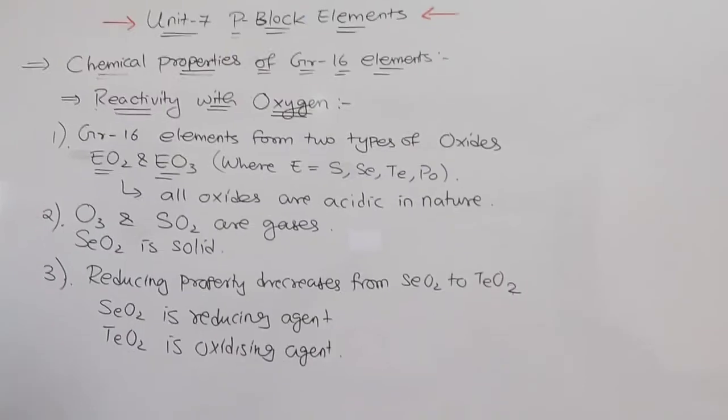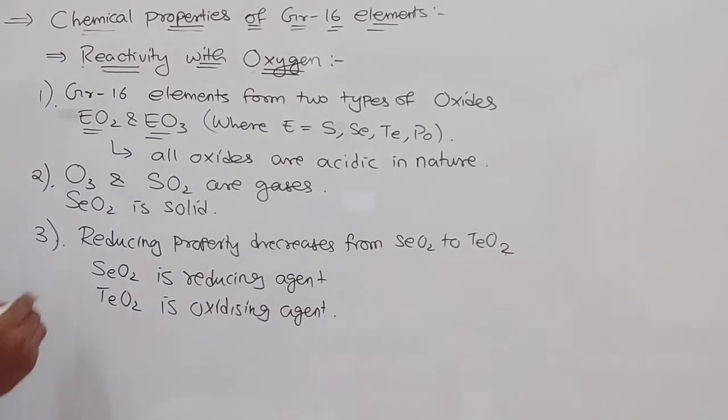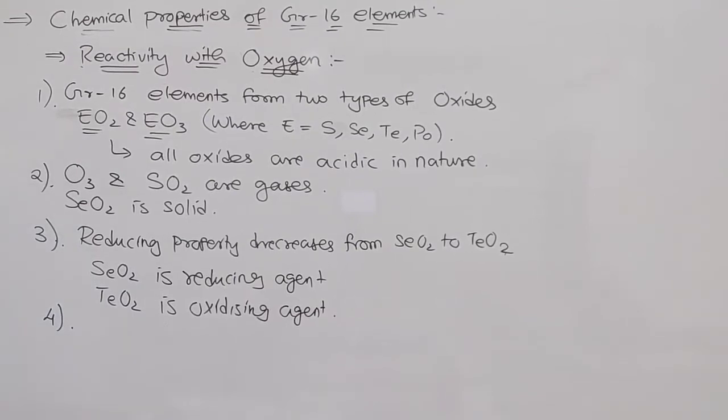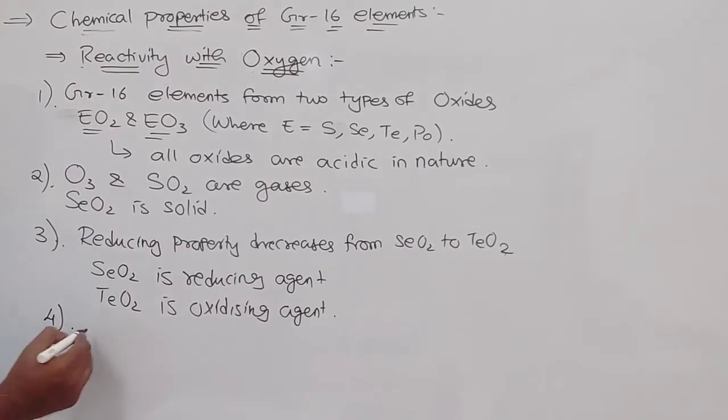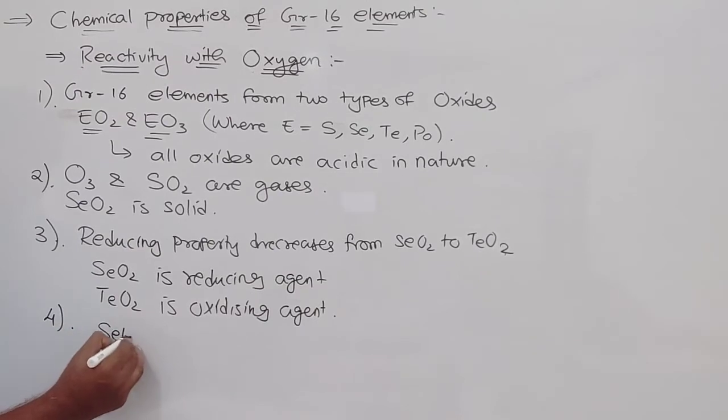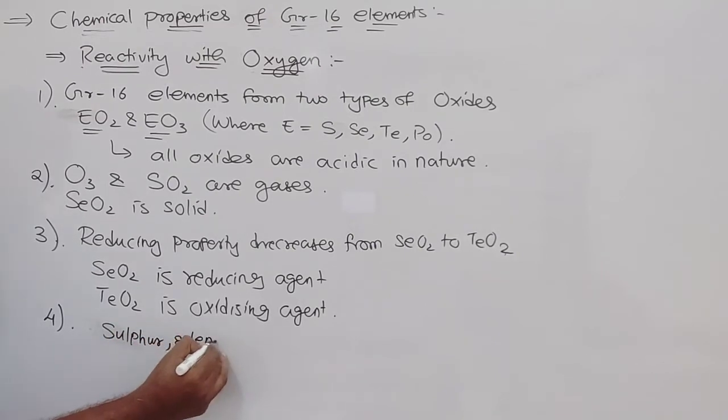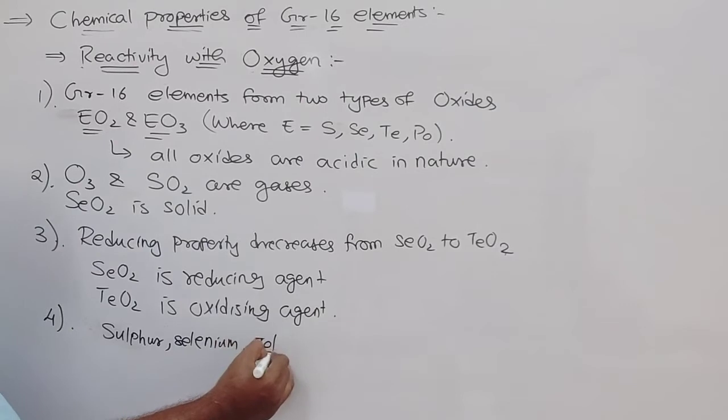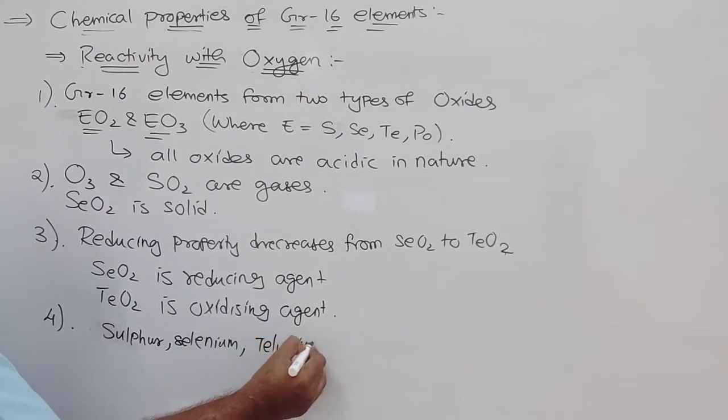Then one more point is there, point number 4. Clear? In your textbook it is given on page 188, you can also go through it. Apart from the EO2 type, sulfur, selenium and tellurium also form EO3 type oxides.